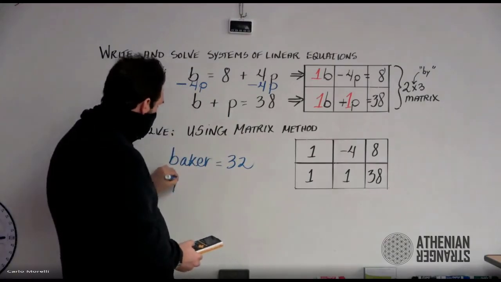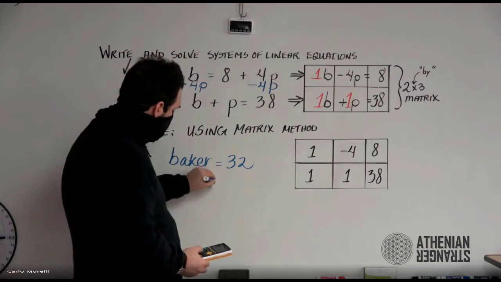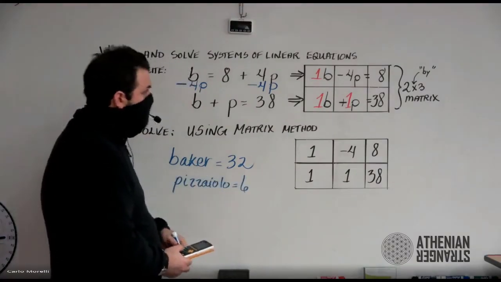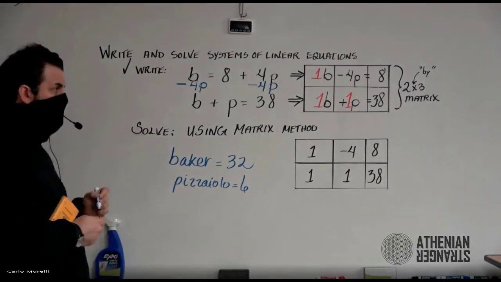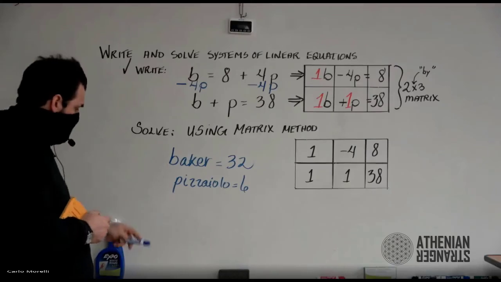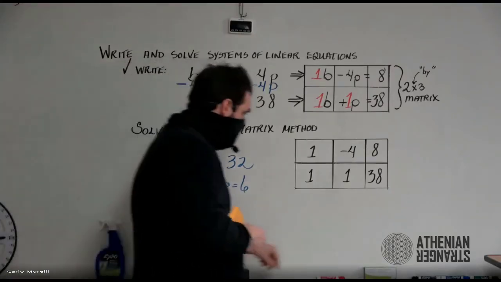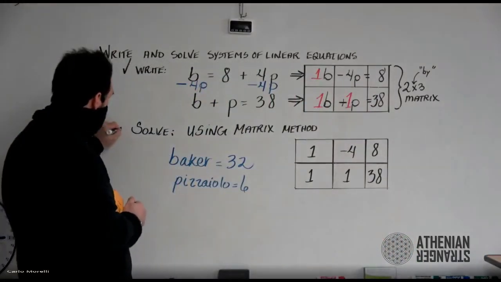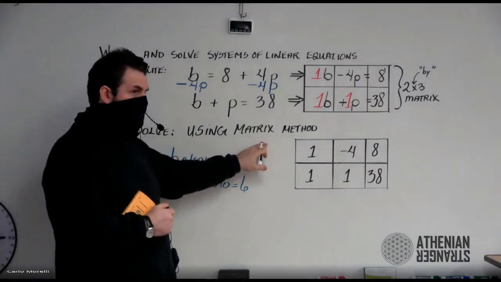And how about the pizzaiolo? Very good. Okay. So that is how you do writing and solving systems of linear equations, where in the solving we used this matrix method.